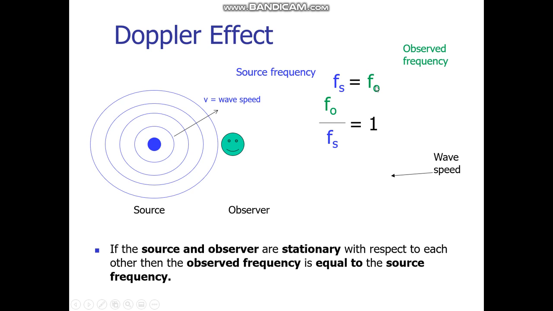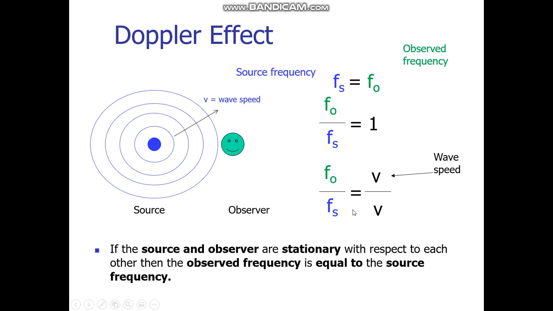If we therefore change that little formula around and divide the observed frequency by the source frequency, since those two values are equal, that ratio will be equal to 1. Now, you may not be clear at this point why we're doing that, but you'll see it leads us to an equation which turns out to be quite useful. Since 1 is equal to anything divided by itself, if we divide the speed of these waves by itself, that would also give us 1.